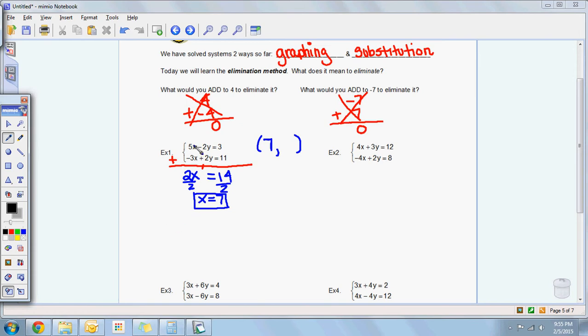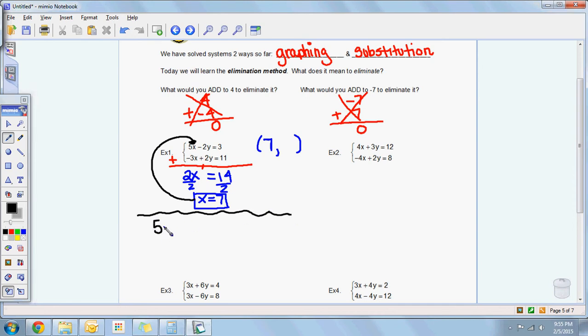So you can use this equation or this equation, it does not matter. I'm going to just substitute it back into my first equation. Okay, so when I substitute it in, I'm going to have 5 times my x value, which was 7, minus 2y is equal to 3.